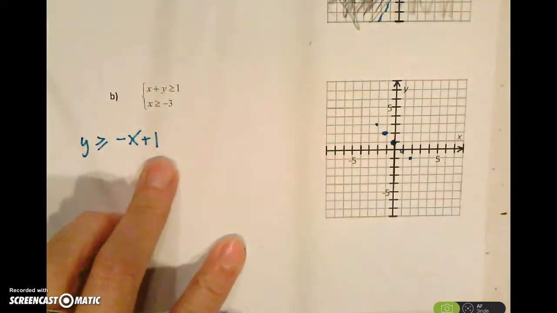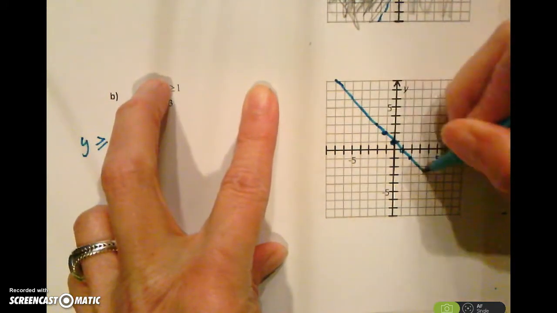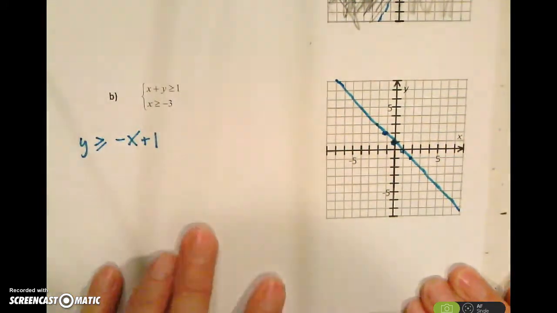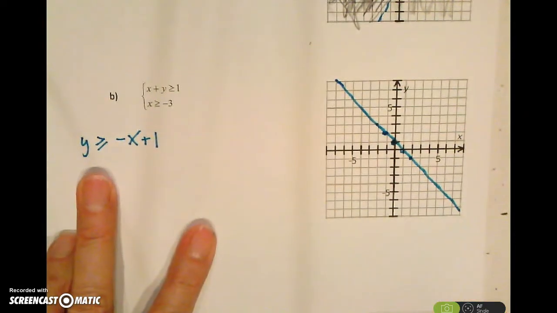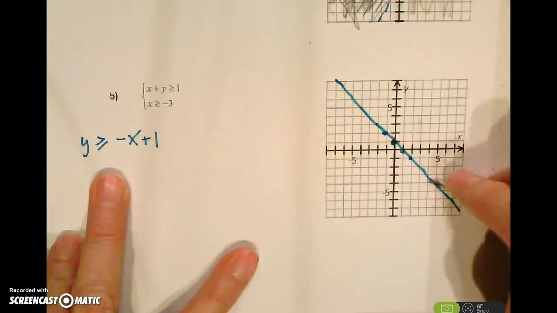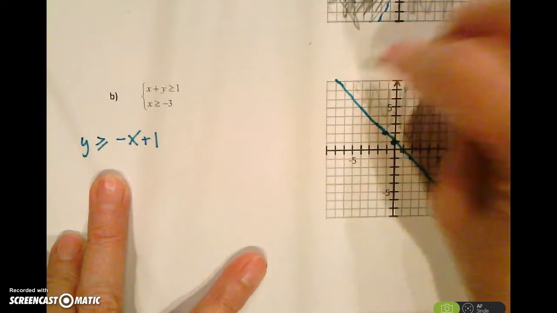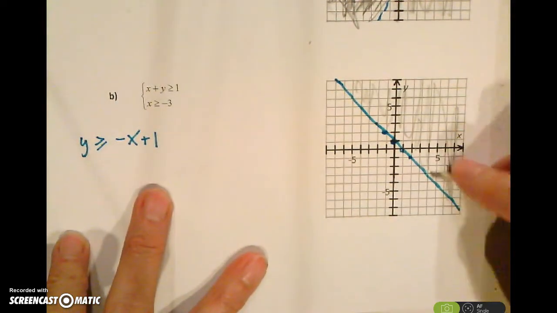So I'm going to draw that here. And then it's going to shade because y is greater than. That means that I want the y's that are above the line. So again, I'll just probably kind of do that lightly right there.